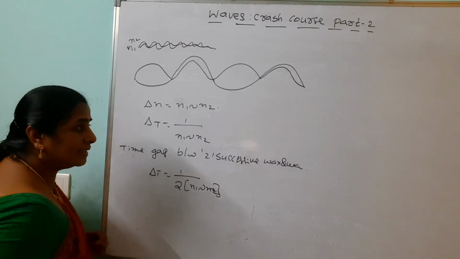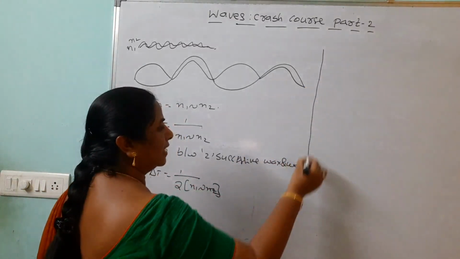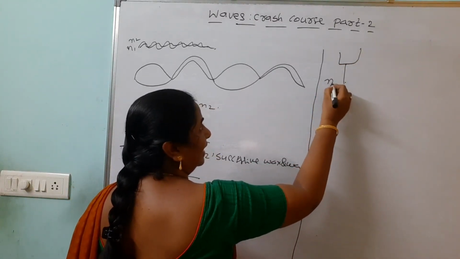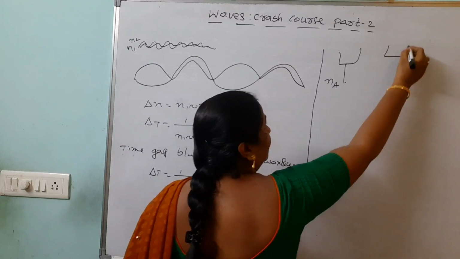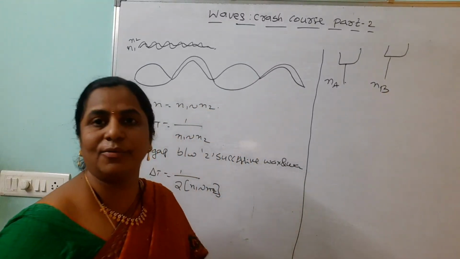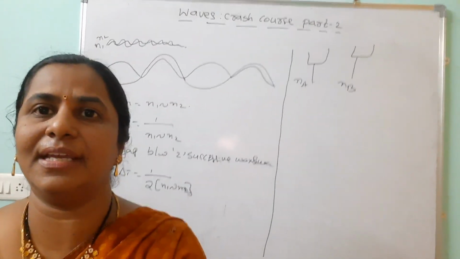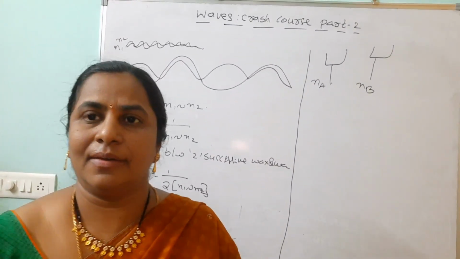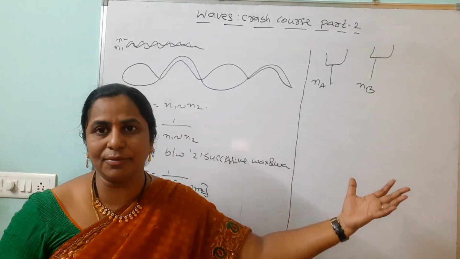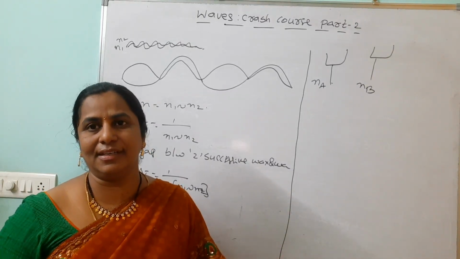But based on this, they are giving problems like this. Look here. Two tuning forks are there. The first one's frequency I am taking as NA, and the second one's frequency is NB. Before that, I want to say what resonance is. If a body is vibrating with its natural frequency because of the influence of another body, that other force, that is called resonance.